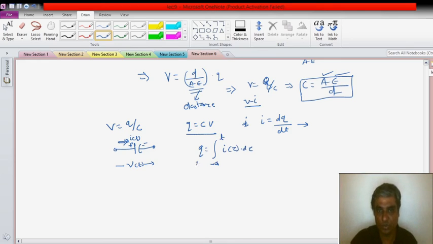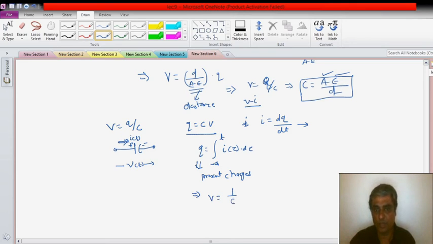What does it mean? q gives me the present charge, or the charge present on the plates of the capacitor. So let me write this in terms of V. V will be q upon C.